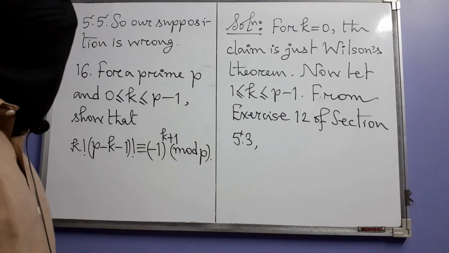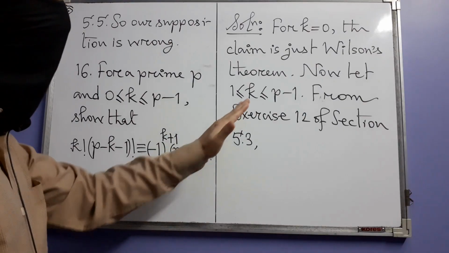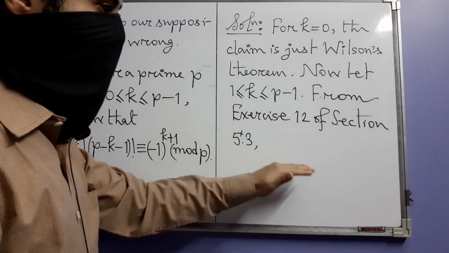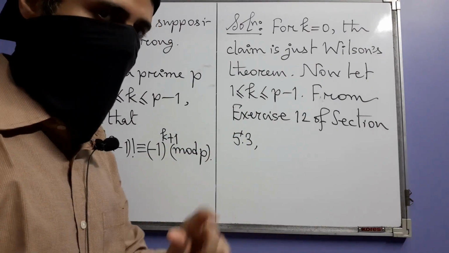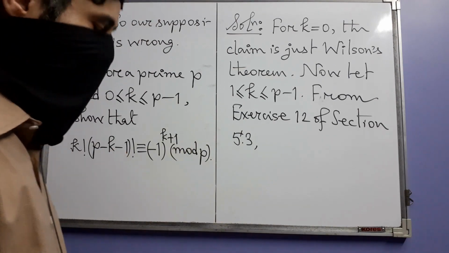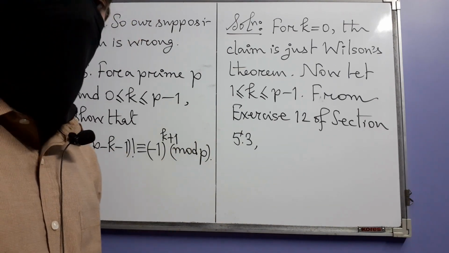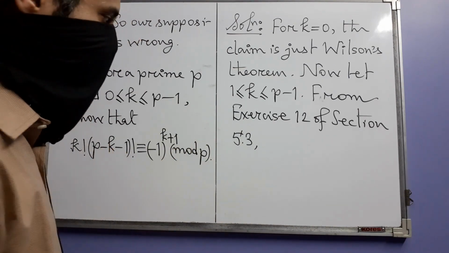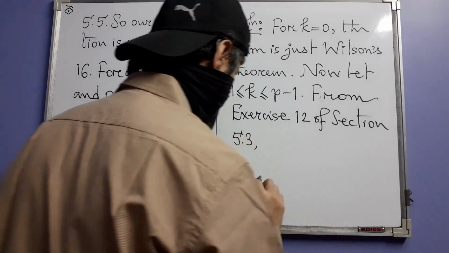What was that exercise? It tells us that for this type of k, p minus 1 choose k, that binomial coefficient, is congruent to minus 1 to the power k modulo p.